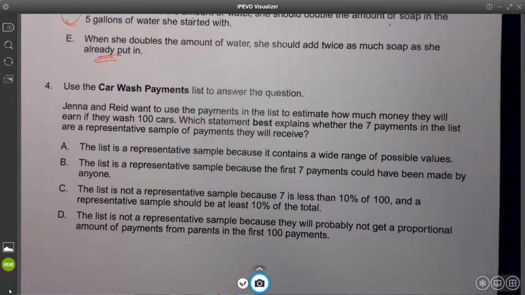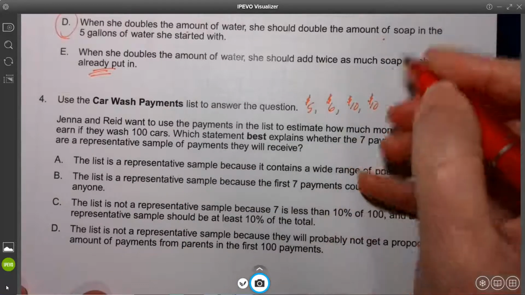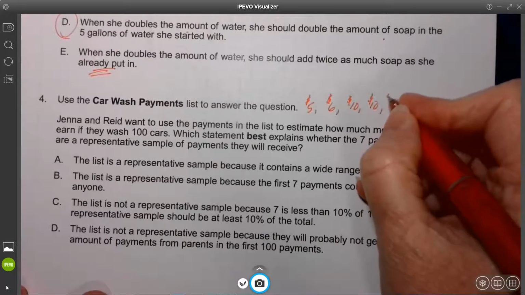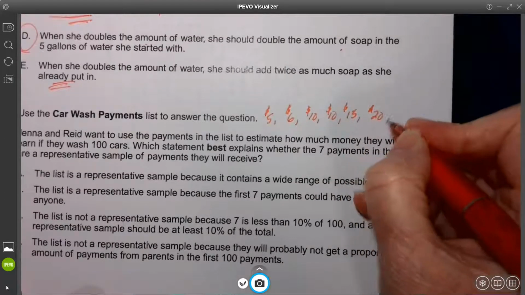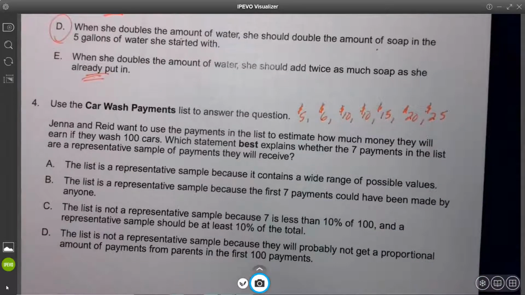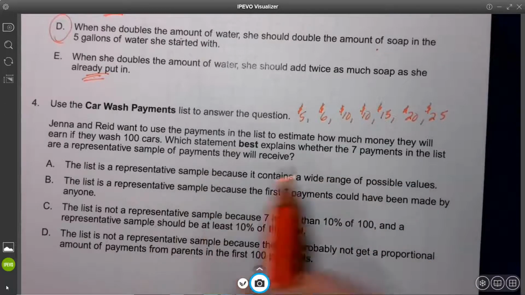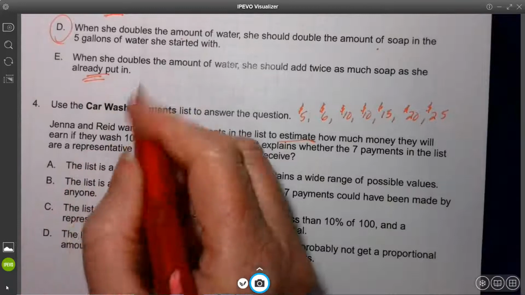Okay, number 4. Read it if you haven't already. The first thing I'm doing is it's talking about the payments, so what they were paid. So I brought the payments from the other page over so that I could refer to those. Okay, so they want to estimate, Jen and Reed, how much money they will earn if they have 100 cars.